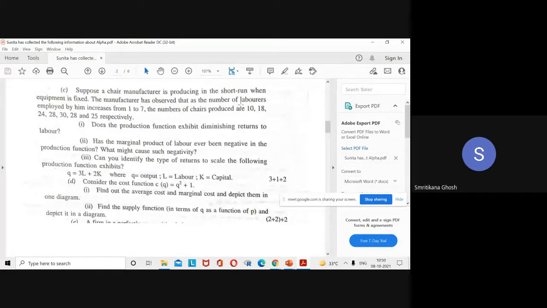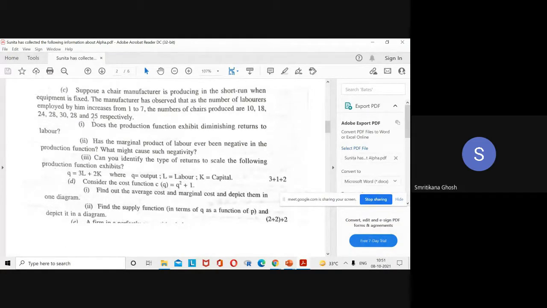That is 18 minus 10, 24 minus 18, 28 minus 24, 30 minus 28, 28 minus 30, that is minus 2, 25 minus 28, that is minus 3. So this is another column. And by showing this table, you give the answer from the data.